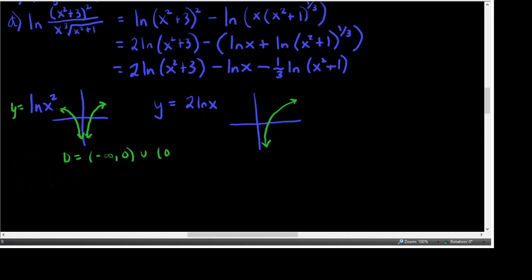Whereas the domain for the second one is only positive numbers allowed. And so by taking that 2 down in front, we've changed the domain of what we can take the natural logarithm of. So you'll be governed by the original function and what you can do with that. So be very careful whenever you do these that you realize the domain might have changed.